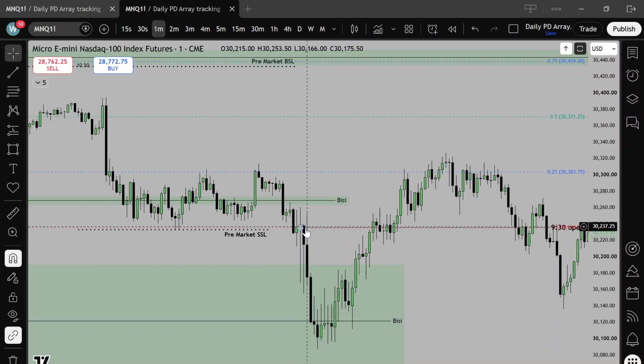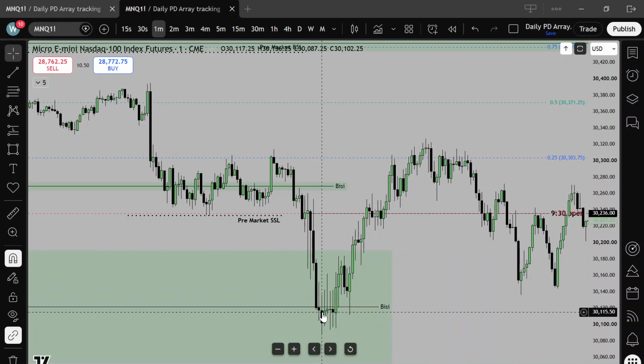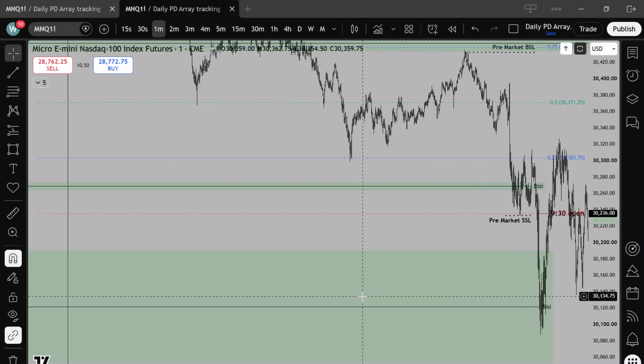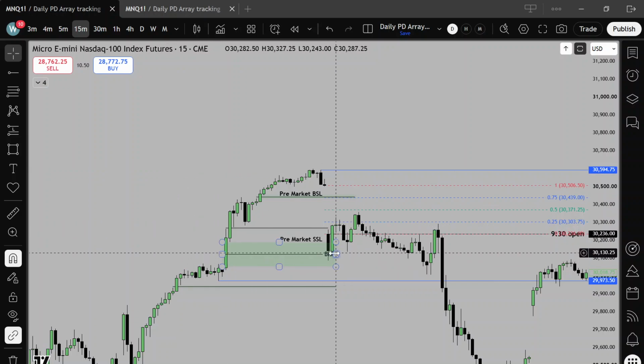And we can see that the market trades down into the 15-minute inefficiency, which, if we go back, we can see is not even a reclaimed bullish fair value gap.